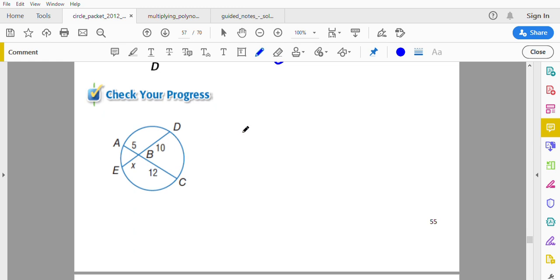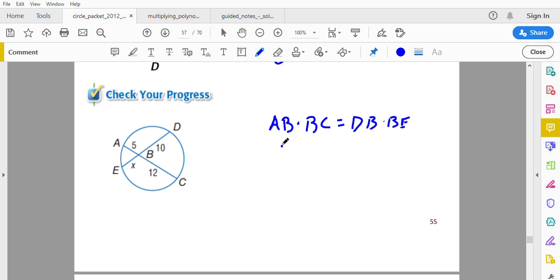Again, same thing here. We have AB times BC is going to equal DB times BE, right? So again, just make sure you're taking the parts of the same chord.